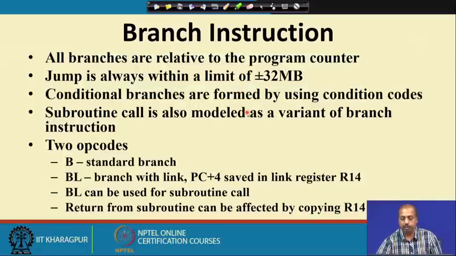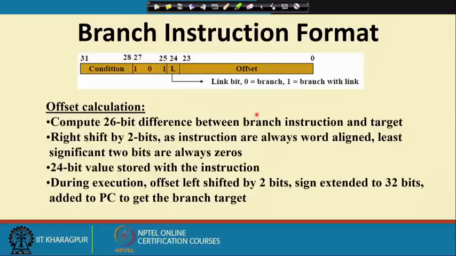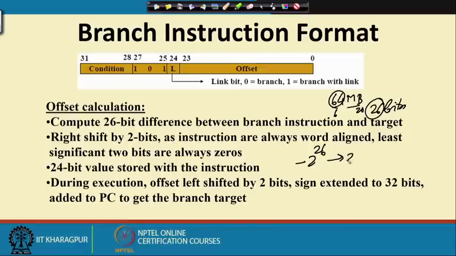So if you want to go plus minus 32 MB, the total space is 64 MB. 64 MB means, MB is 20 bits and 64 is 6 bits, so a total of 26 bits of offset will be necessary. With 26 bits of offset, you can jump from minus 2 power 25 to 2 power 25 minus 1. That much space is plus minus 32 MB.